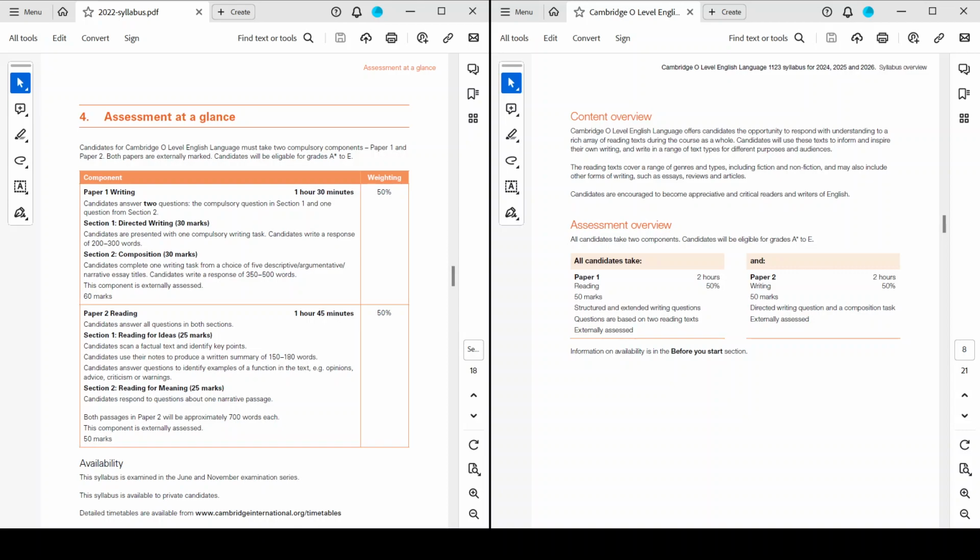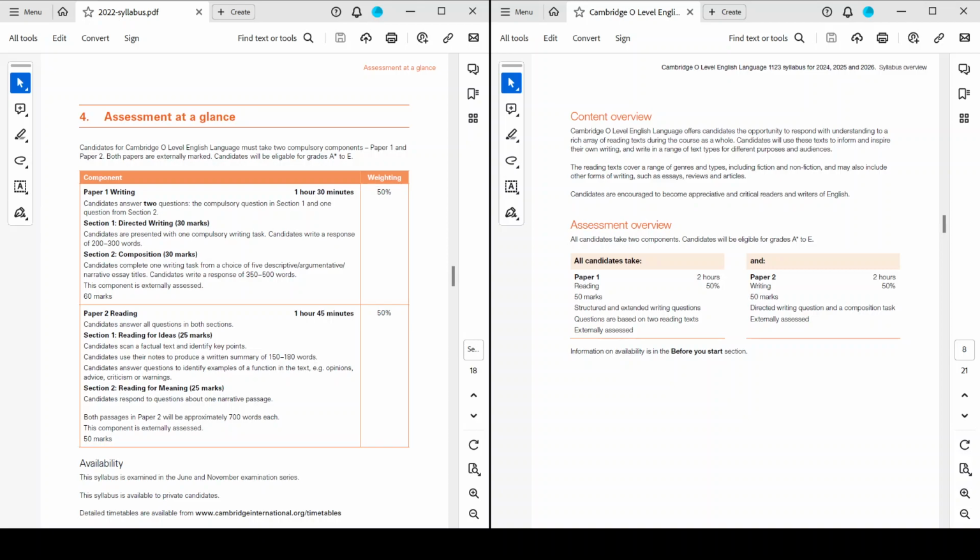Secondly, the time allotment for these papers has changed. The reading paper used to be an hour and 45 minutes and the writing paper an hour and 30 minutes. Now each of these is 2 hours. The weightage remains the same, 50% for each paper.